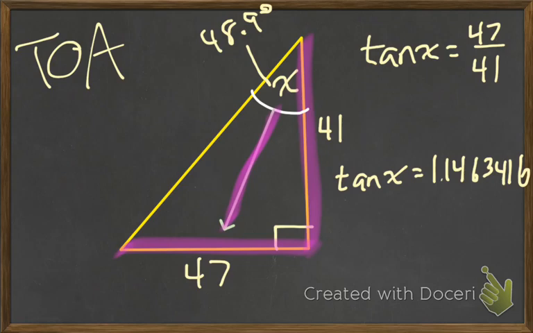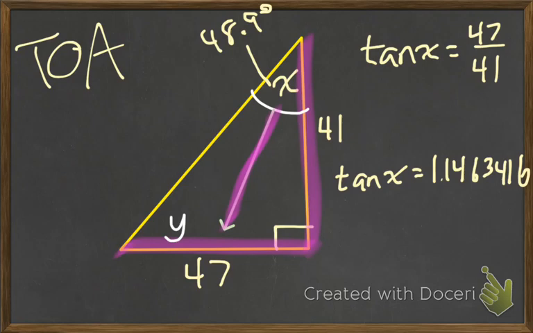Which means x must be a larger angle than y, because y is opposite the smaller side, x is opposite the bigger side, right? If they were equal, they would both be 45, so you'd have 45, 45, 90. So if x must be larger, it must be more than 45.